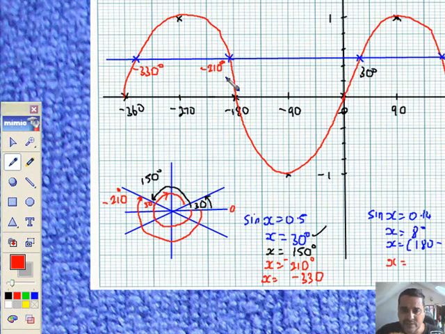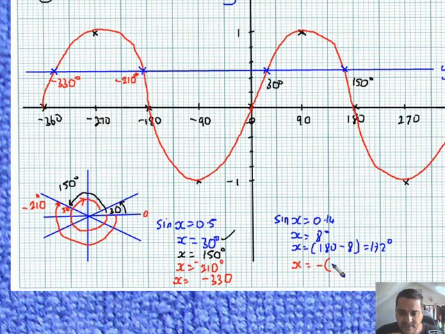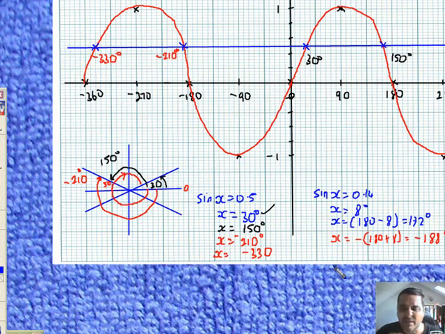Right, my negative solution is going to be somewhere here, a little bit after the minus 180. So I'm starting from here. I'm going minus 90, minus 180, plus the extra 8. It's going to be minus the 180 and the 8 on top of that, which will be minus 188 degrees. That's my first negative solution, roughly there.